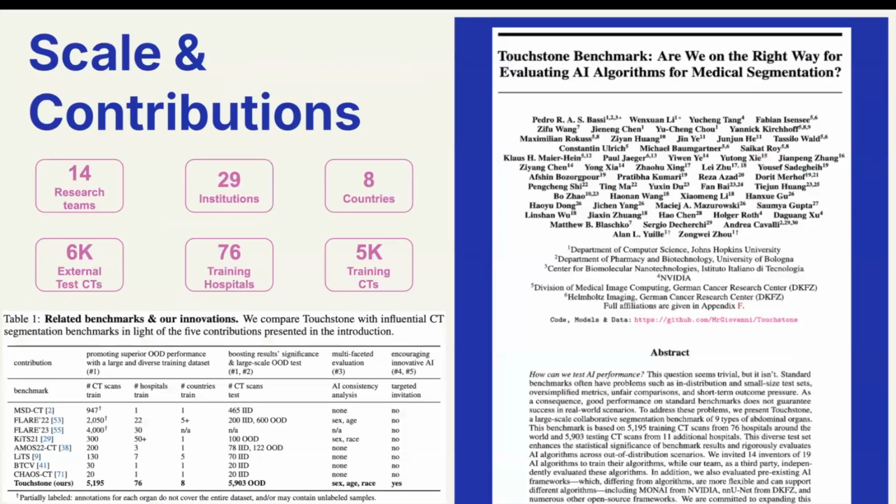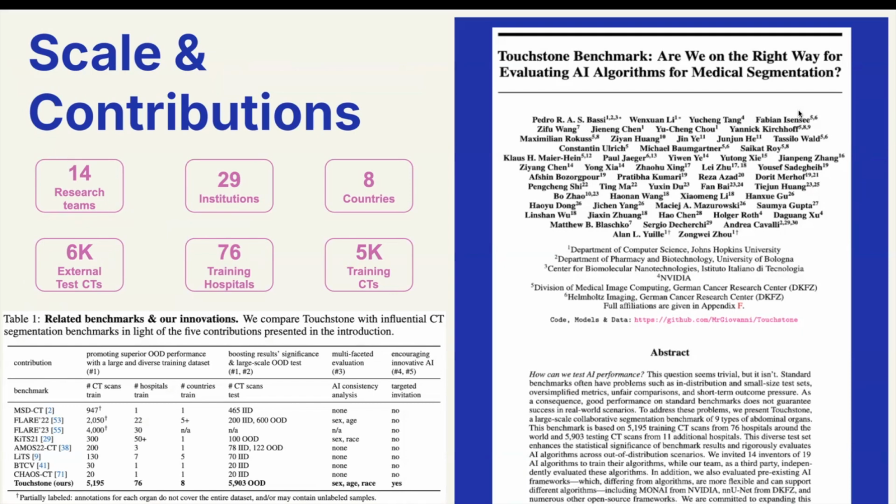So here we have a summary of our main contributions. So we invited and had the participation of 14 research teams all over the world. These teams come from 29 institutions in 8 different countries. That's why you have this large author list here.